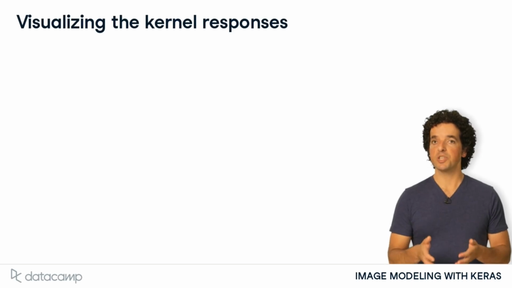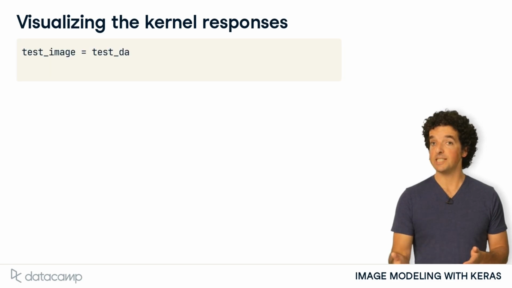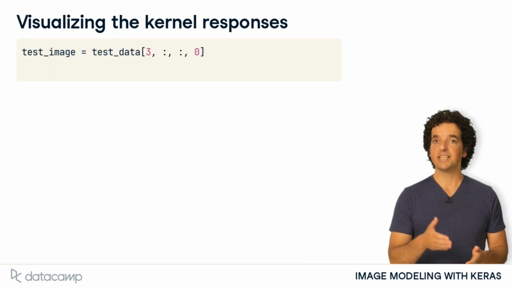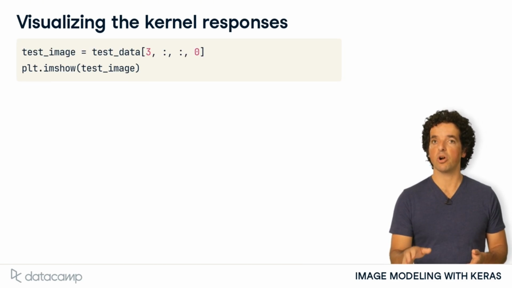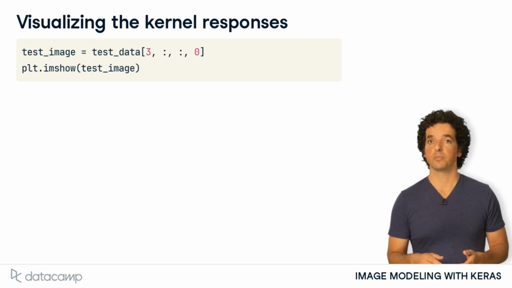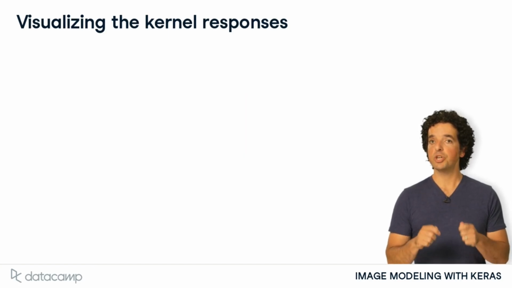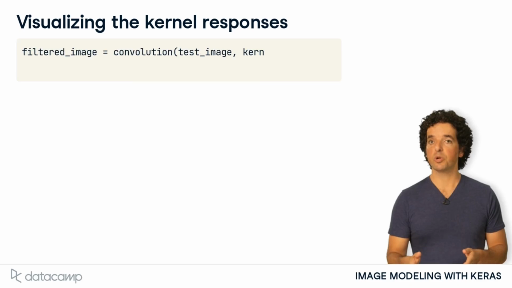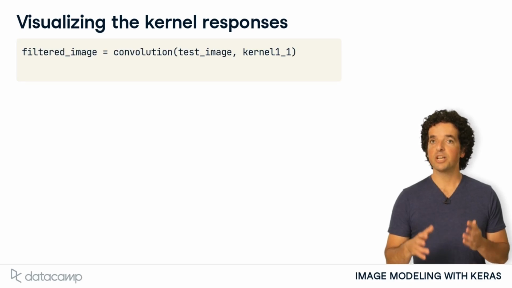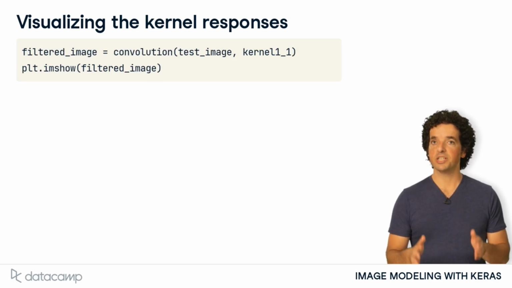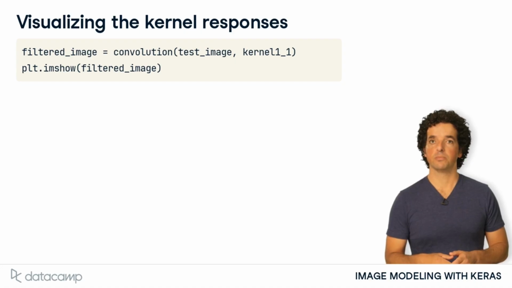To understand what this kernel does, it might sometimes be even more useful to convolve one of the images from our test set with this kernel and see what aspects of the image are emphasized by this kernel. Here, we pick the 4th image from the test set, an image of a shoe. We convolve it with the kernel using the function that we created previously, and create a filtered image that is the result of this convolution.